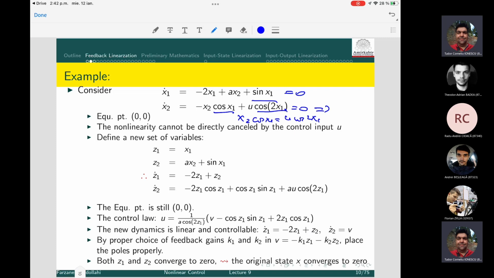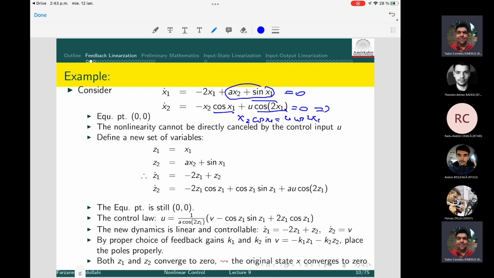The nonlinearity, you see, this time you cannot directly cancel. U is not showing up in the first equation, if you have a look. So you need to define a new set of variables. You need to do a coordinate transformation. For instance, z1 is x1, z2 is a x2 plus sine x1, which is this part.